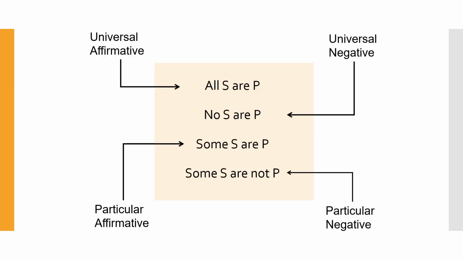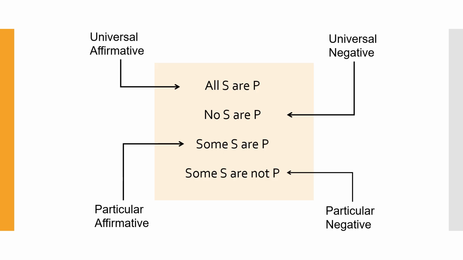So given that there are exactly 4 possible types of categorical propositions, and given that we can distinguish between different categorical propositions in terms of the quantity and quality of the claim, we can now basically define these 4 possibilities in those terms. So we have, first of all, a universal affirmative claim, which is our all claims. And notice that's saying every conceivable subject in existence goes together with the predicate term.